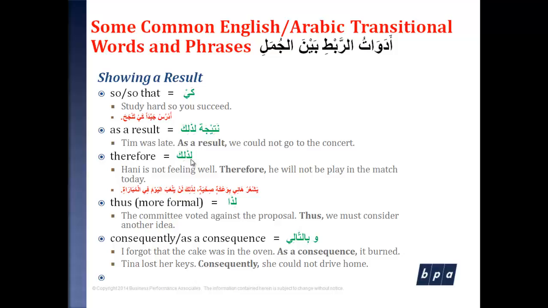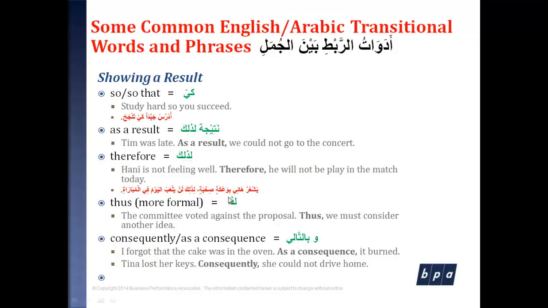Hani is not feeling well, therefore he will not play basically in the match today. يشعر هاني بوعكة صحية، لذلك therefore لن يلعب اليوم في المباراة.